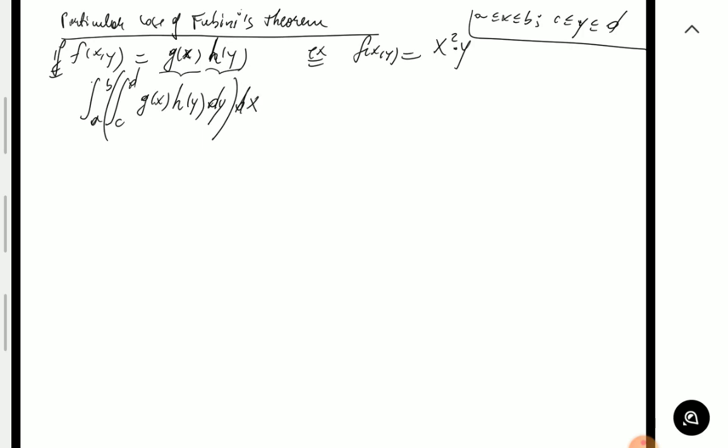Because x is a constant with respect to y, the entire g of x is a constant with respect to y. As a constant, it can be pulled out of the innermost integral. So I can pull g of x out of the innermost integral.